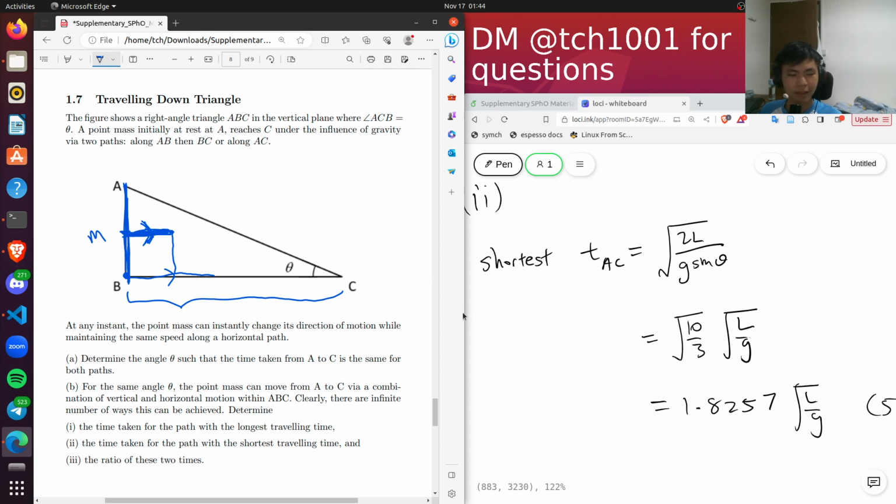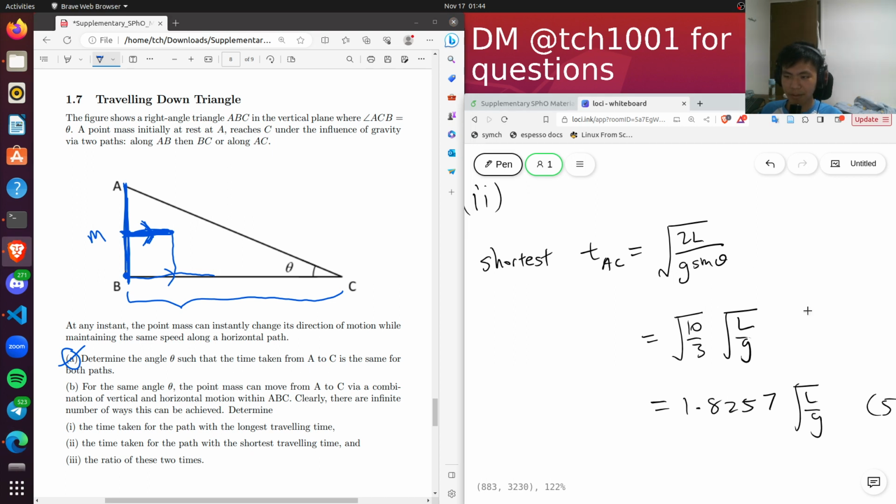You can make it rigorous, but I think it's fairly intuitive that you want it to gain as much speed as possible before it starts to traverse the horizontal part. So in other words, the motion is just from A to B purely vertically, and then from B to C purely horizontally. And we know from part A that we have found the angle for which that equals sliding down the slope AC.